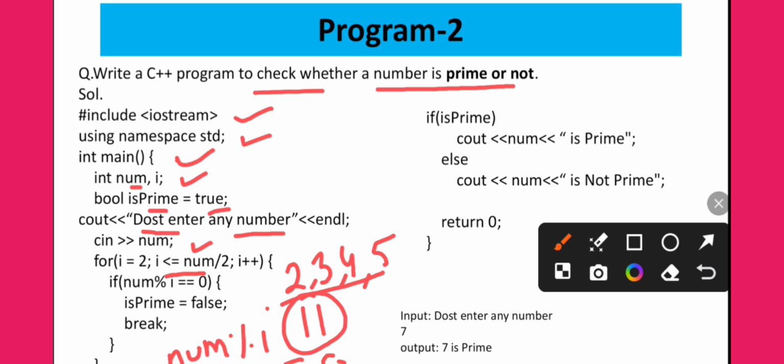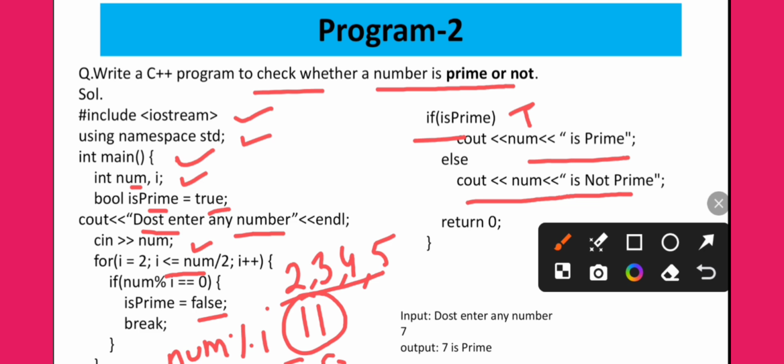So if it is divisible, we will make the isPrime variable false. Initially it is true, so if it stays true, it means the number is not divisible. So we can check whether isPrime is true or false. If it is true, we can print that the number is prime. If it is divisible by any number, we can print that the number is not prime.